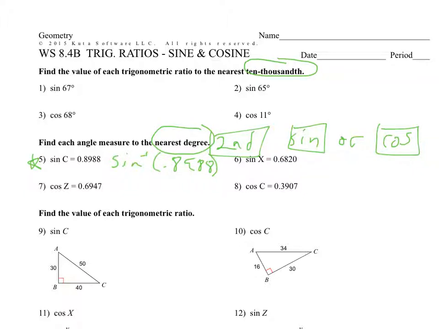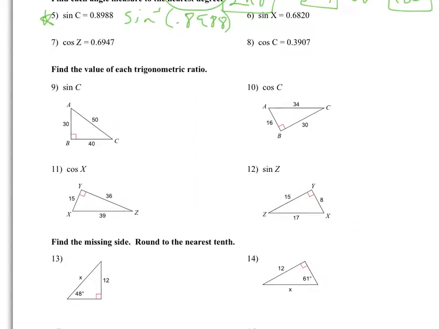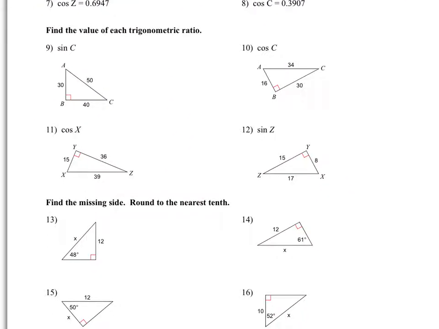All right, and then when we get 9 through 12, all you're doing here is writing the ratio down. You're not solving for any side or any angle. Number 9, just use that one as an example. We're looking for the sine of angle C. Angle C, the 50 is going to be the hypotenuse. In relationship to angle C, what side is opposite angle C?